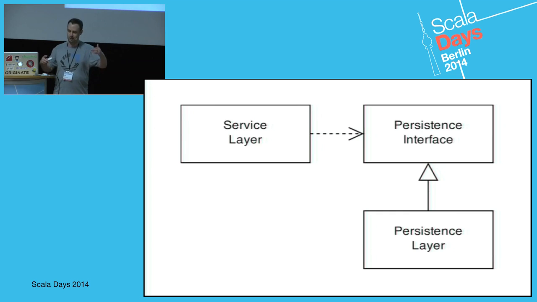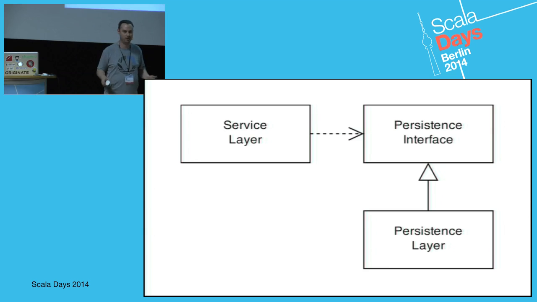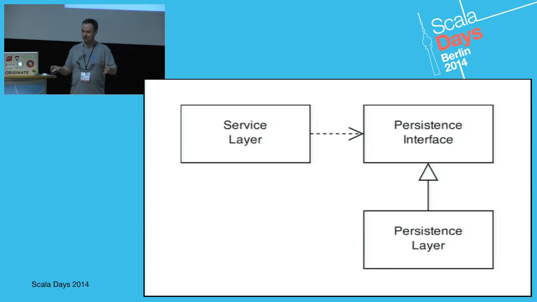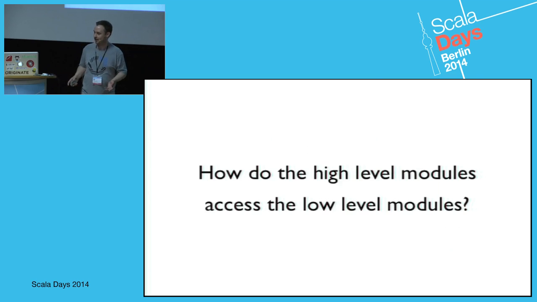And this lets you decouple the modules from each other. So like every solution, this creates a new problem. How do you wire those modules back together? After all, an abstraction doesn't compute anything. So to actually run your application, the service layer, in this case, needs a concrete persistence layer. So how do the high-level modules access the low-level modules?